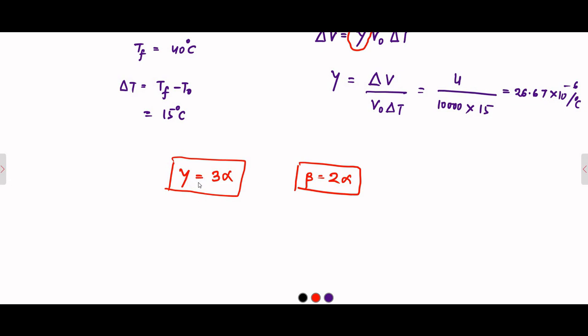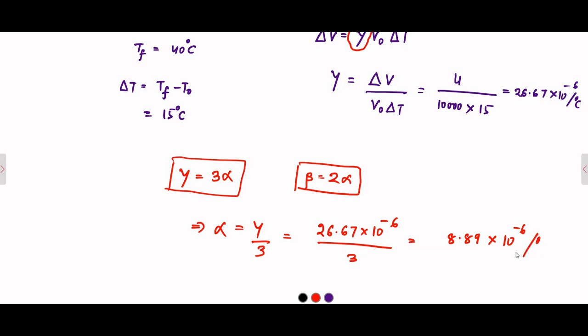Gamma is equal to 3 alpha, that implies alpha is equal to gamma by 3. So it will be equal to 26.67 into 10 to the power minus 6 by 3, which is coming around 8.89 into 10 to the power minus 6 per degree Celsius. This is the coefficient of linear expansion of the glass block.